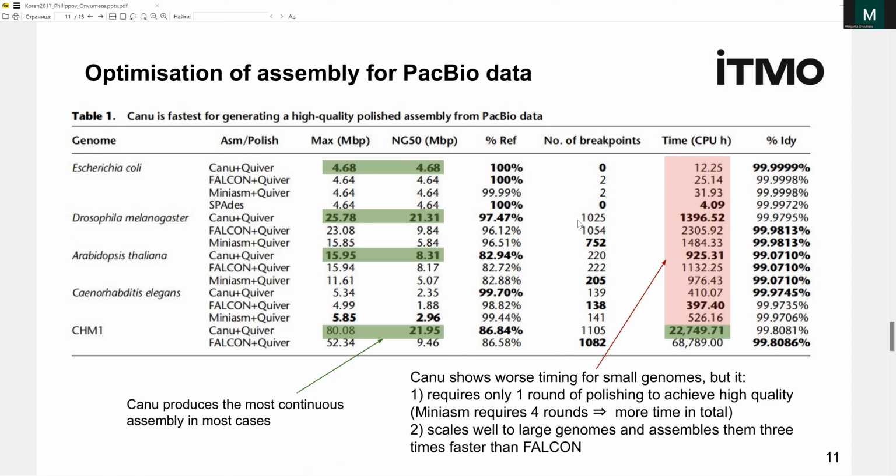And the second issue is that Canu scales well to large genomes, for example, the human genome, like the last one on the table. And as we can see, it assembles this genome 3 times faster than Falcon.